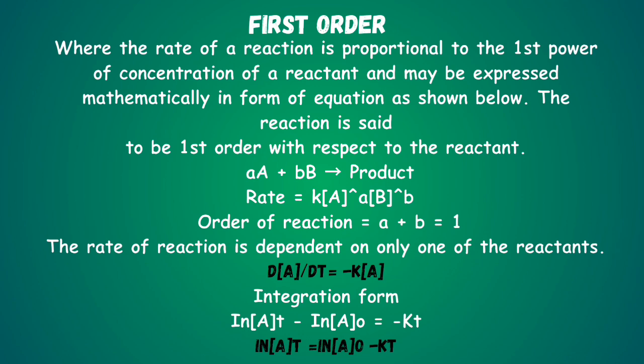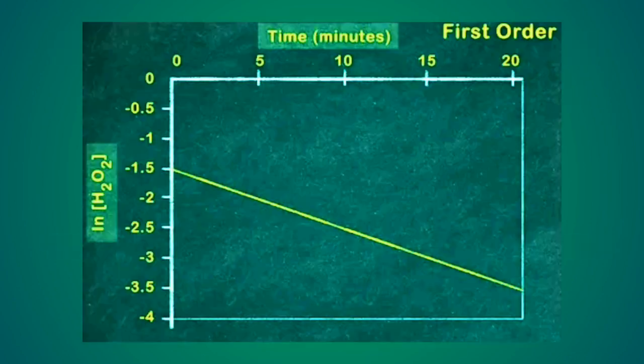Comparing it again to y equals mx plus c, you can see on the graph that for first order, plotting the natural logarithm of the reactant against time, you can see the slope at which it follows for first order kind of reaction. Similar to second order, but you would know when a reaction is first order if you are going to use the natural logarithm of the concentration of the reactants.